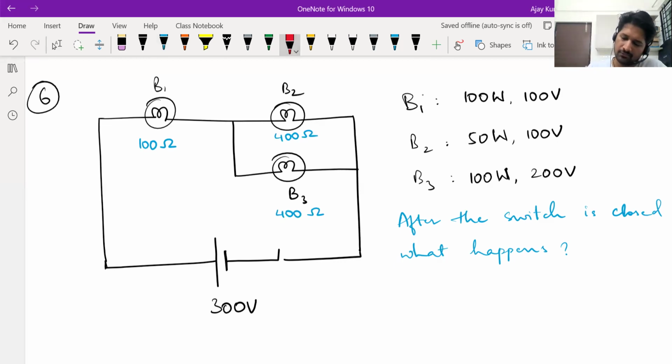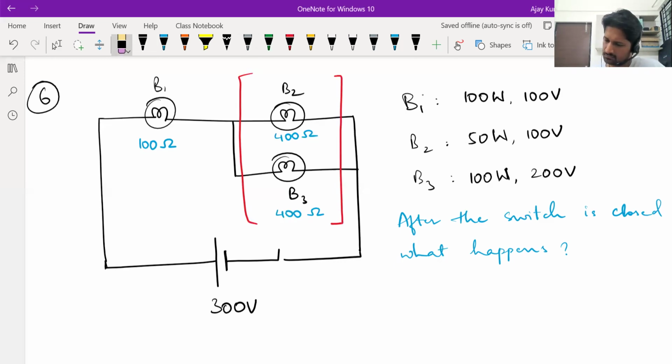Okay. 400 in parallel effectively become how much? I think B2 is 200. The 100 square by 50, 200. Okay, wait, just a moment.